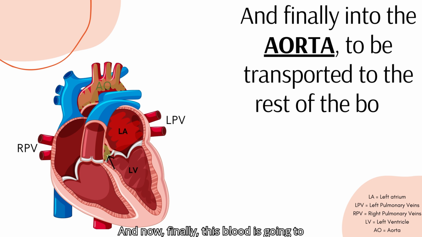And now, finally, this blood is going to be pumped into the aorta where it will be delivered to the rest of the body. So, the aorta has an intricate anatomy, which I will be explaining in more detail on the next slide. But just some basics are the ascending aorta, the aortic arch, and the descending aorta.